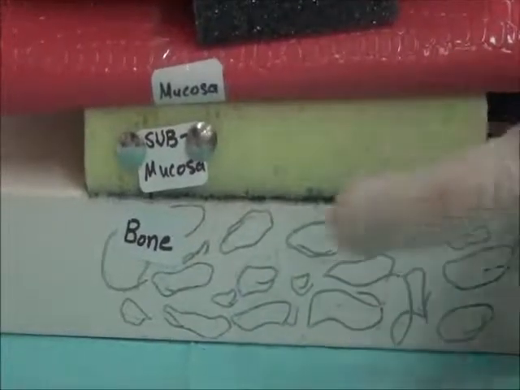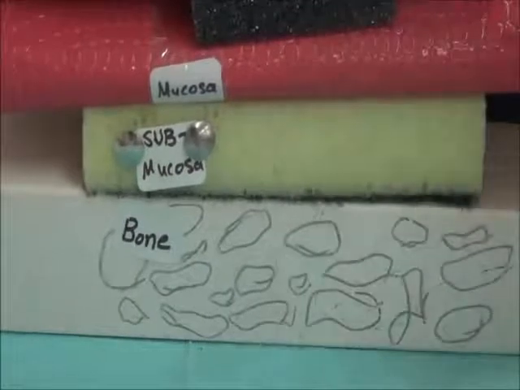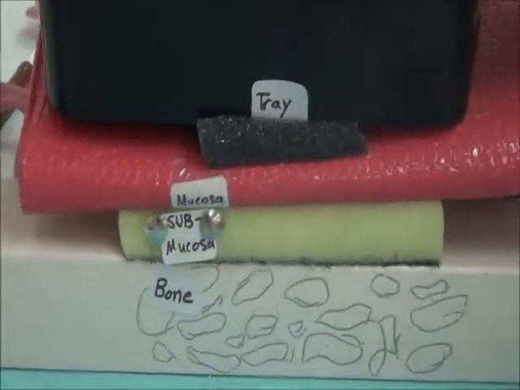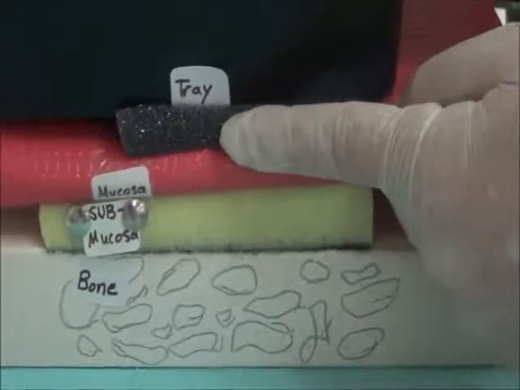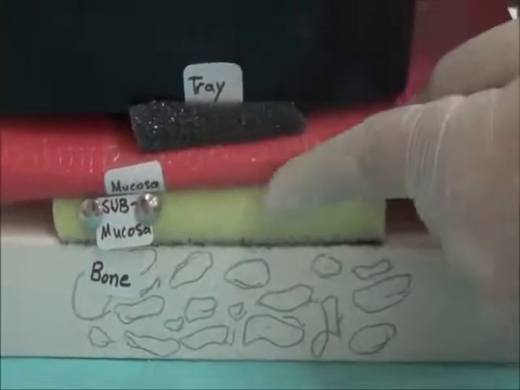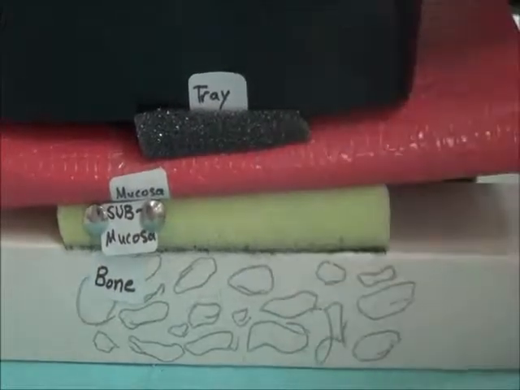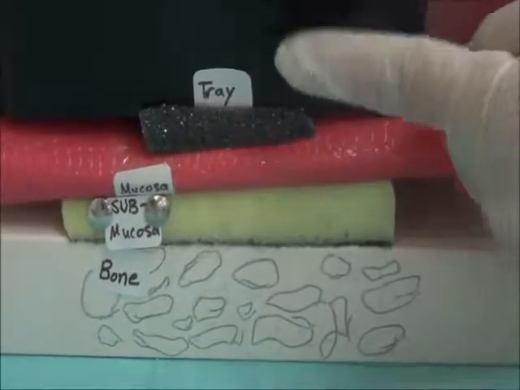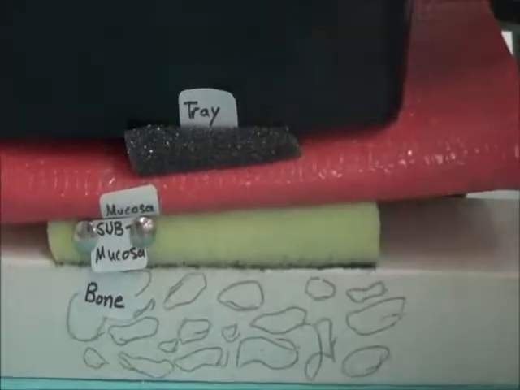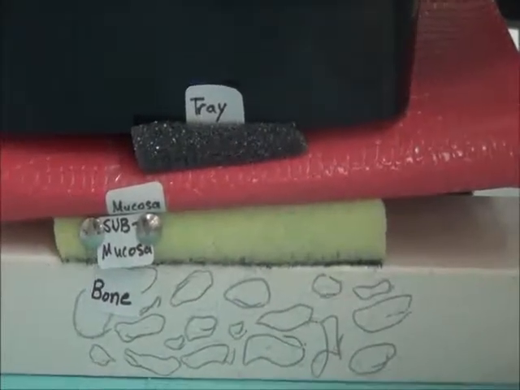So if we take the bone, submucosa, and mucosa, and impression material, and the tray pressed all together, this is called mucocompressive impression, and the status of the tray is closely fit to the mucosa before adding in the impression material. And the tissue status underneath is compressed. So that's why we call it tissue compression method.